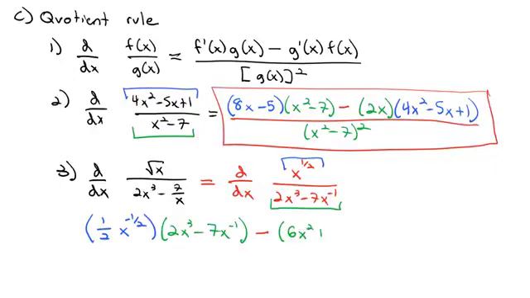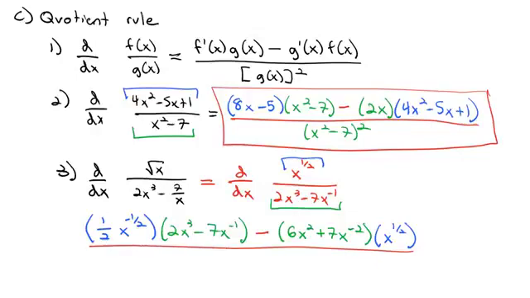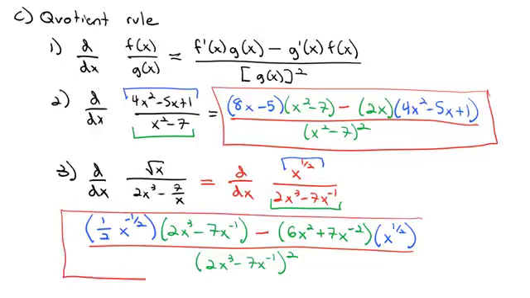Negative 7 times negative 1 is positive 7, x to the now negative 2, times the first function, which is x to the 1/2. And this is all over that denominator, 2x cubed minus 7x to the negative 1 squared. And we now have the derivative of our quotient.